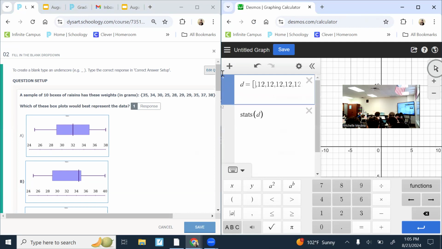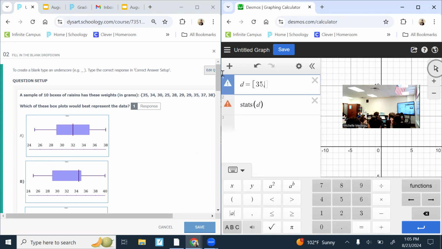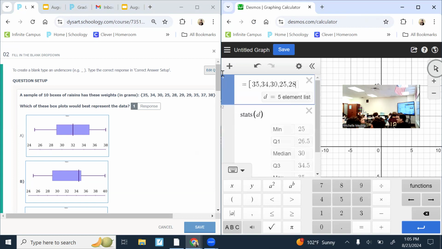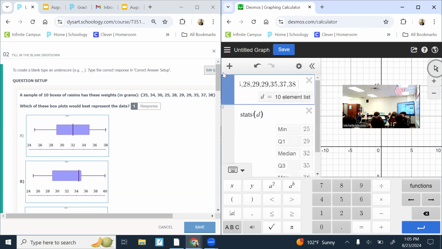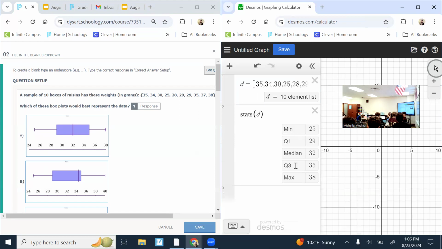You could also make a box plot in Desmos with the box plot button, but I think this would be easier, so hang on. All right, always make sure you typed in all your data points. So it says 10 element list. We're talking about 10 boxes of raisins, so that's a good sign. And your 5-number summary. These 5 numbers that you get from pressing the stats button is also what you need to make a box plot. So that should hopefully help us find the right answer.